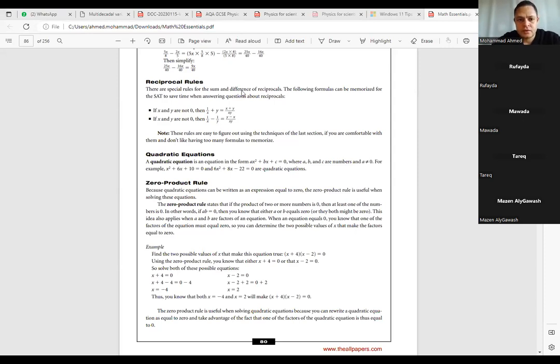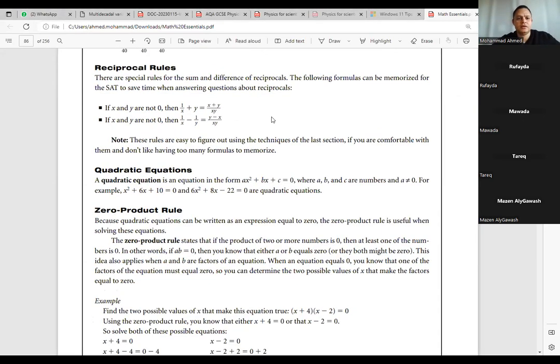Okay. So we're going to talk about the special rules for the sum and difference of the reciprocals. Maybe some students see this as an easy part and another student is confused about how to add or subtract the reciprocals with each other.